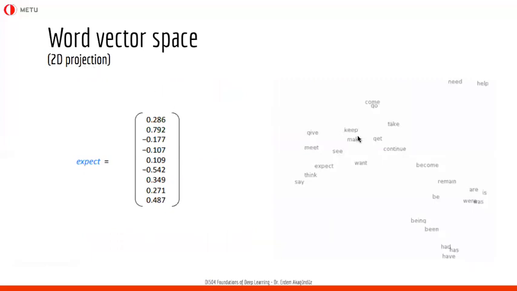In that case, I would expect the word embedding to create distances where, for example, the words come and go will have vectors with a smaller distance. The words need and help have a smaller distance to each other. The words say, think, expect have smaller distances.